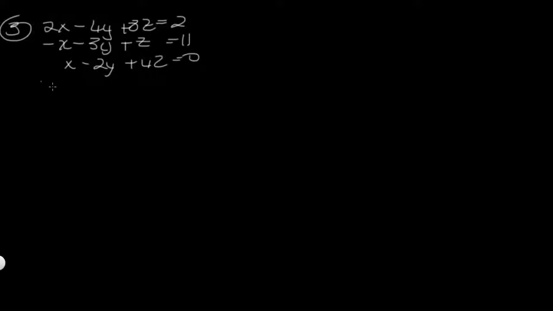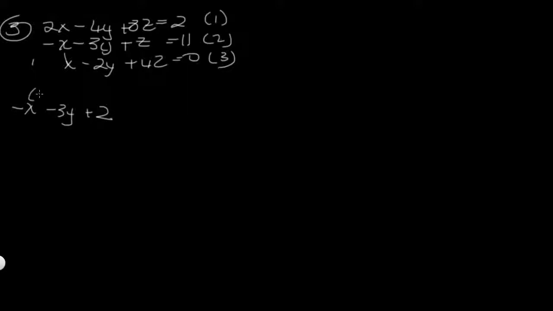Okay, for this one, if you start seeing too many variables, I'm going to definitely use my elimination or addition method. Let's go ahead and label these. So remember, pick any 2 equations and then use those to eliminate a variable. So right here, I could definitely use equations 2 and 3 to eliminate x. Okay, let's just rewrite it.